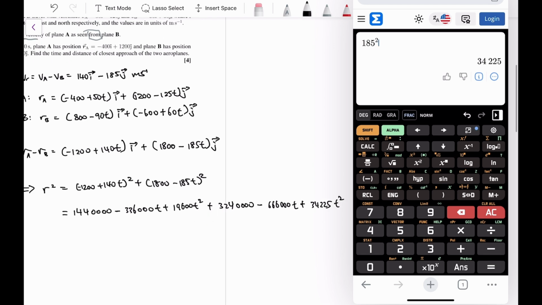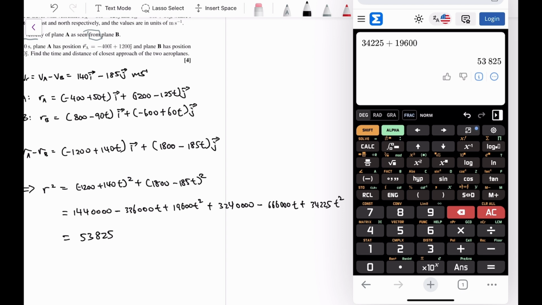First let's look at the t squared. Let's just input the number manually. So this will be 34225 plus this, great.